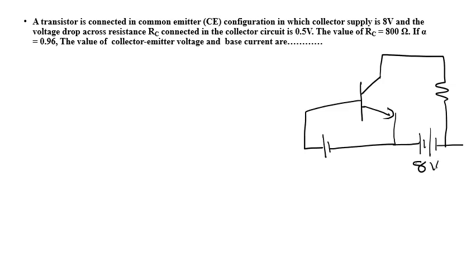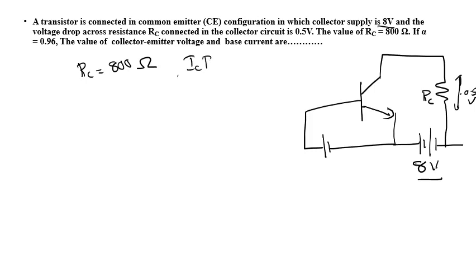The collector supply voltage is 8 volt, the voltage drop across the RC connected at the collector is 0.5 volt, and the RC value is 800 ohm.